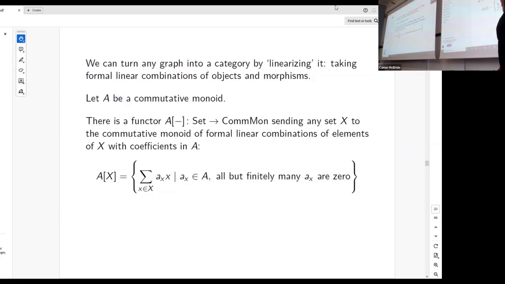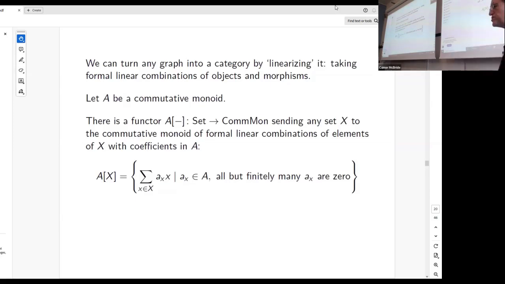So here's what we do. There's a functor called A of blank, which if you give it a set X, you get this set A of X, which is the set of linear combinations of elements of X, where the coefficients, the things sitting in front of them, are elements of your commutative monoid A. This is what we call formal linear combination.